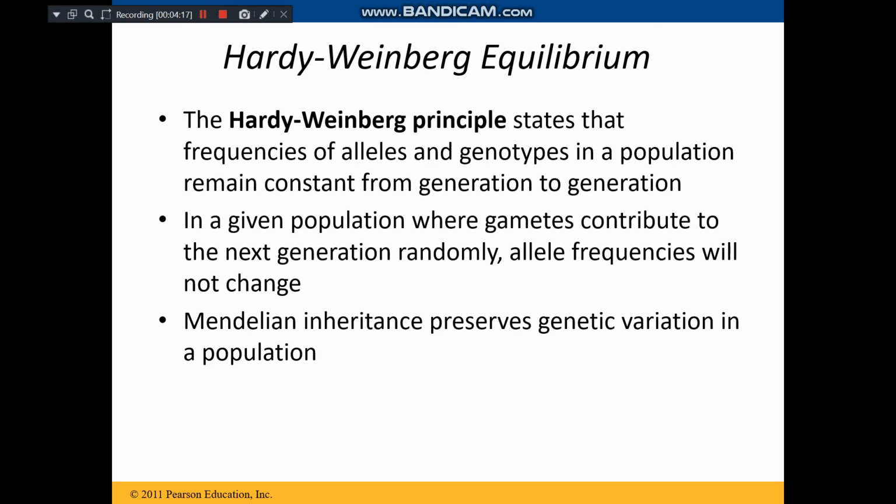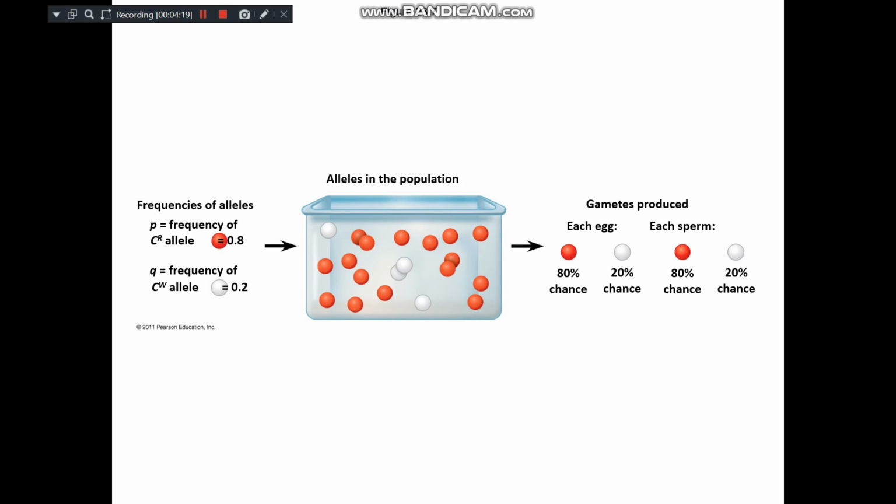How? Just take the frequency of the CR allele as 0.8 and the frequency of the CW allele as 0.2 in the population. What is the chance? An egg will have an 80% chance of carrying the CR allele and a 20% chance of the CW allele.